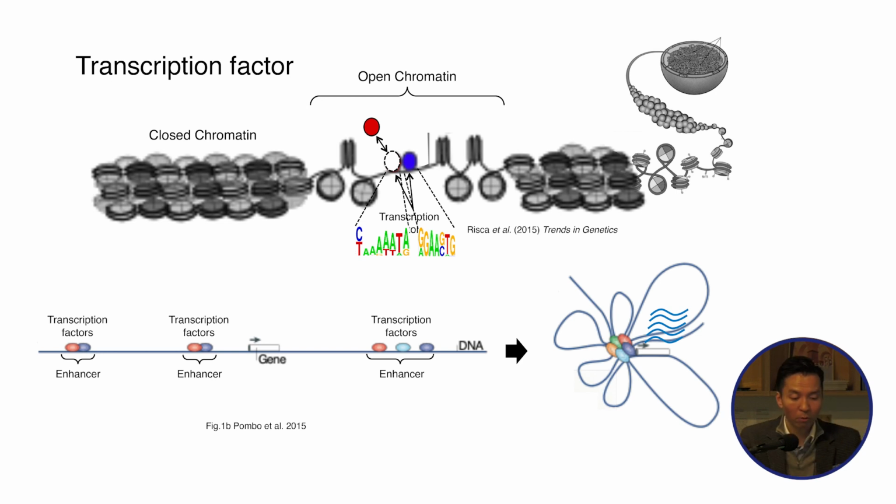Those transcription factors are clustered in a region called an enhancer, which enhances gene expression. Those enhancers are scattered around the genome in the linear genome. But in reality, DNA bends back on itself, and those transcription factors are clustered and cooperatively initiate gene expression.